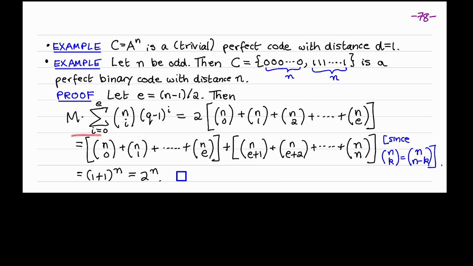And so this expression equals the sum of all n plus 1 binomial coefficients. By the binomial theorem, this equals (1 plus 1) to the power n, which is 2 to the n. This is the right-hand side of the sphere packing bound. And so we've established that the binary replication code of odd length is a perfect code.